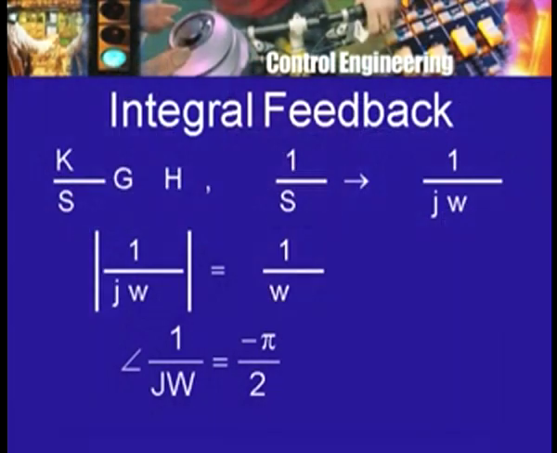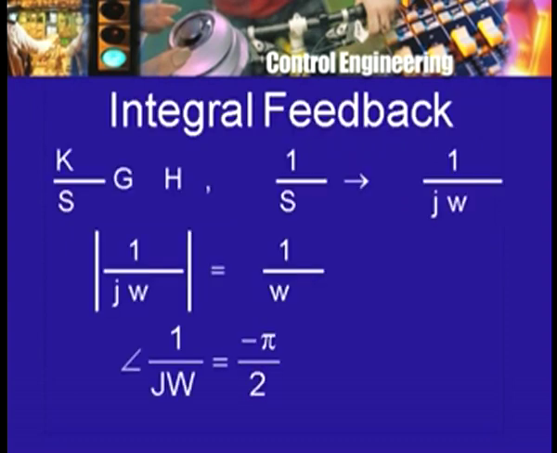This 1 by s contributed 1 by j omega to the frequency response, and I told you that the modulus of this 1 by j omega is 1 by omega, that goes to 0 as omega tends to infinity, and the phase angle, or the argument of this, however, remains constant at minus pi by 2. As a result, there is a phase shift of minus 90 degrees which is introduced in the loop transfer function, and there is a change in the gain, of course, which goes to 0 as omega goes to infinity.